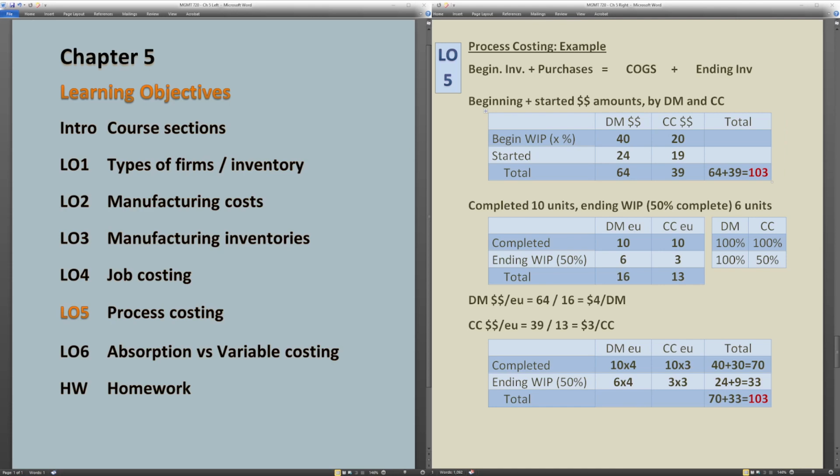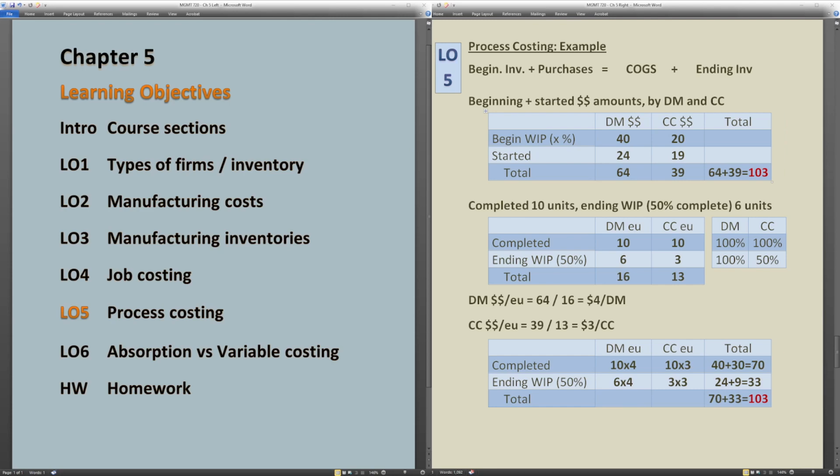Now, one way to double check it is, you can see that the total dollars in completed and ending work in process is 103. And if we go up to that same red number, it's 103. In other words, it may have been apportioned differently between beginning work in process and started, but the same amount of dollars that we began with gets transferred to the other side of the equation, just in a different proportion.